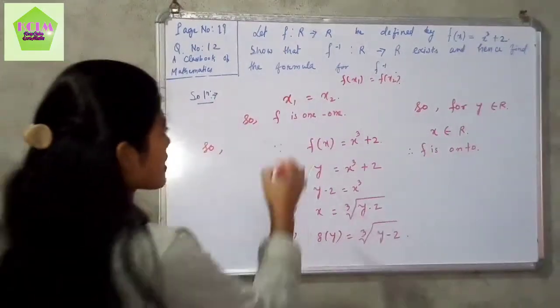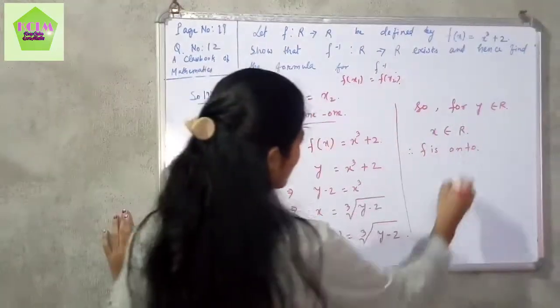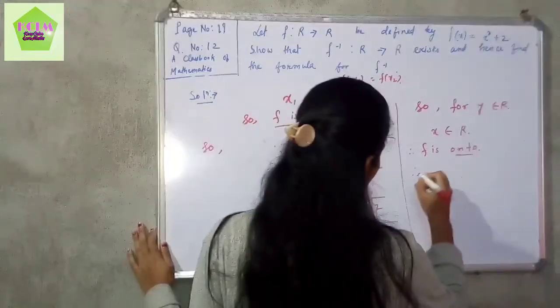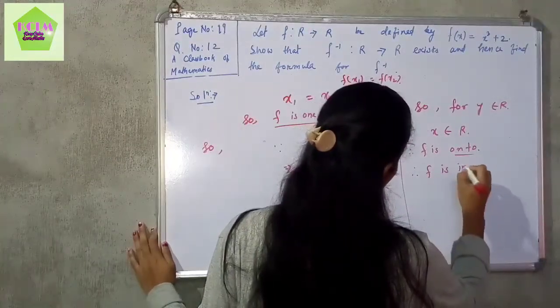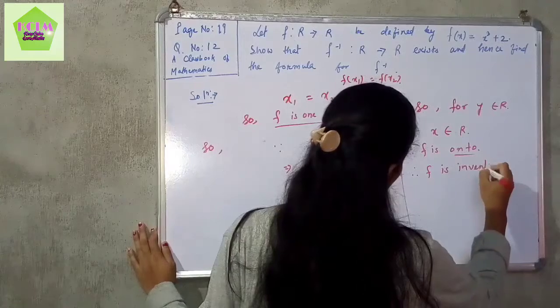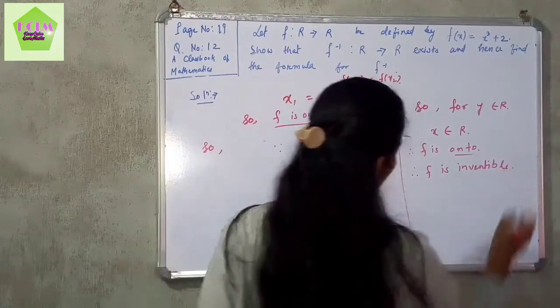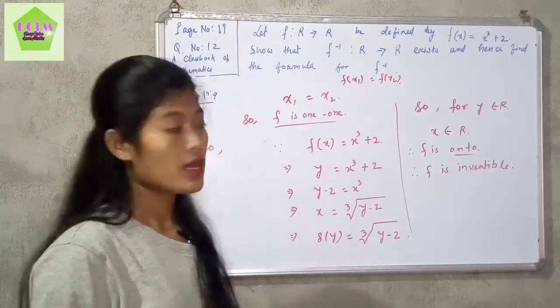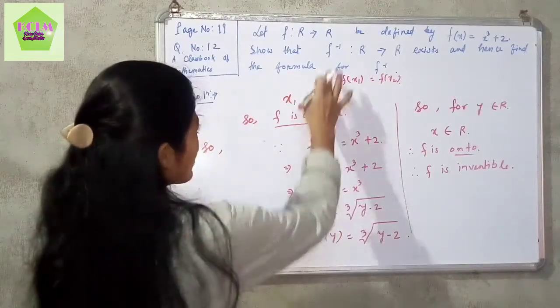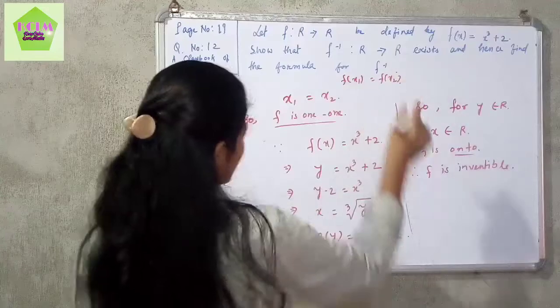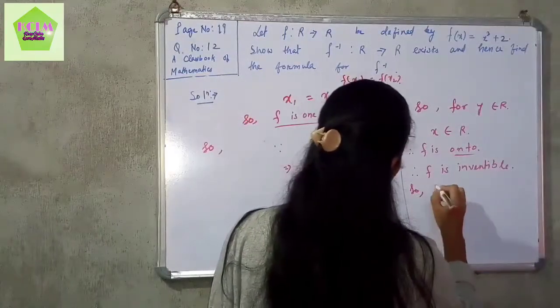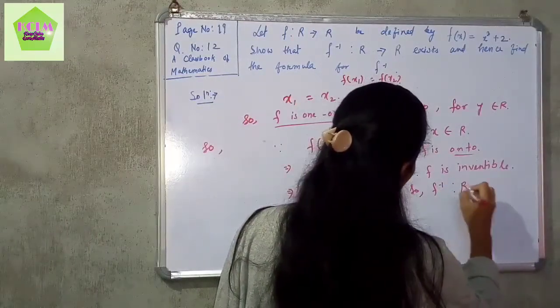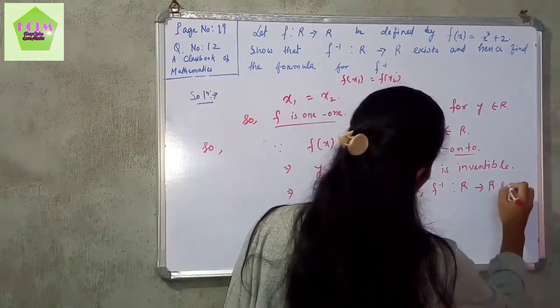Now, since f is one-one as well as onto, therefore f is invertible. So, when a function is invertible, its inverse always exists. Therefore, f inverse from R to R exists.